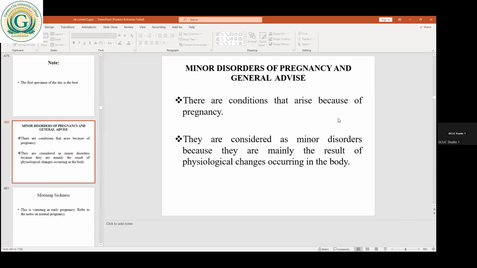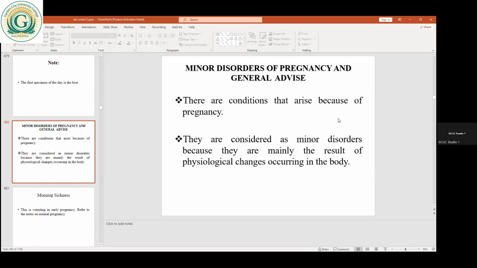So, minor disorders: when a woman is pregnant, she complains of certain problems, and those problems are minor disorders. In other words, they occur because of the pregnancy. When the pregnancy is over, these disorders will go away. They are considered minor disorders because they are mainly the result of physiological changes occurring in the body, but they are very disturbing.